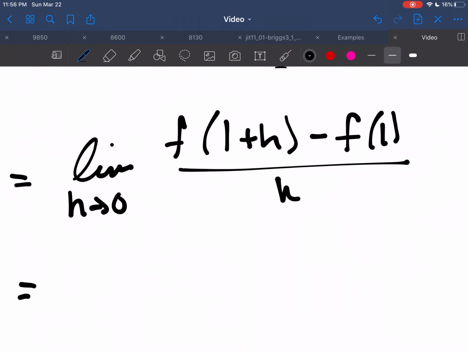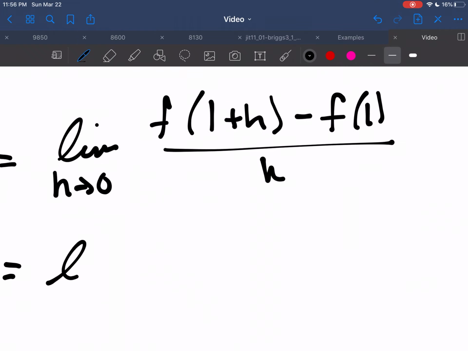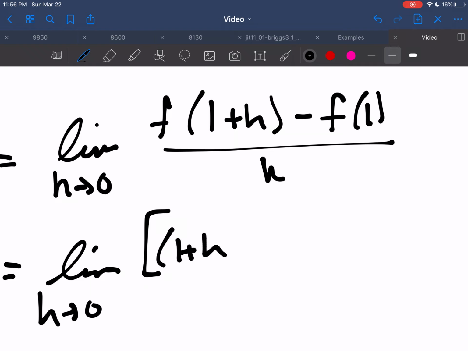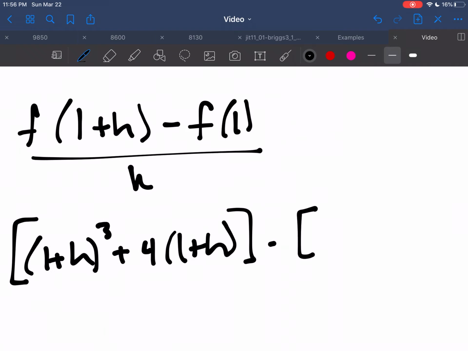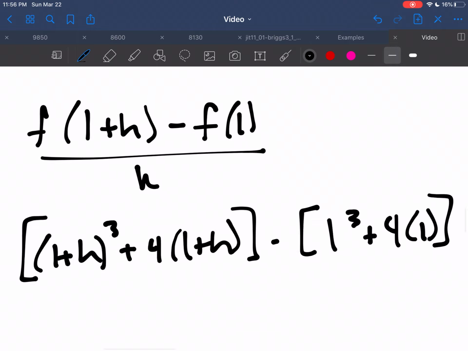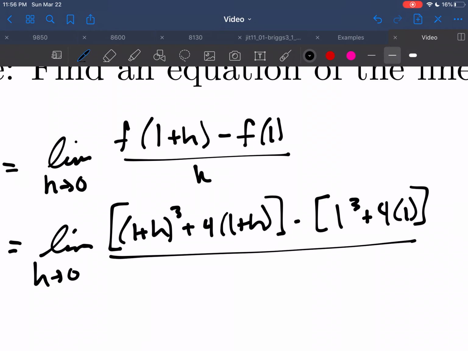Okay, and so we'll plug in the equation we were given for f. Okay, so I end up with 1 plus h cubed plus 4 times 1 plus h, minus 1 cubed plus 4 times 1, all divided by h.